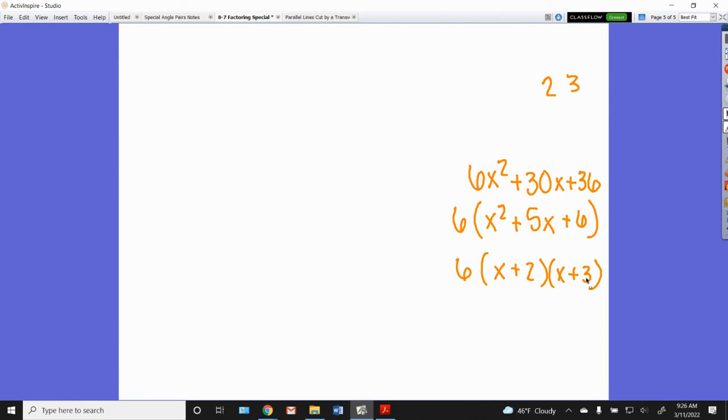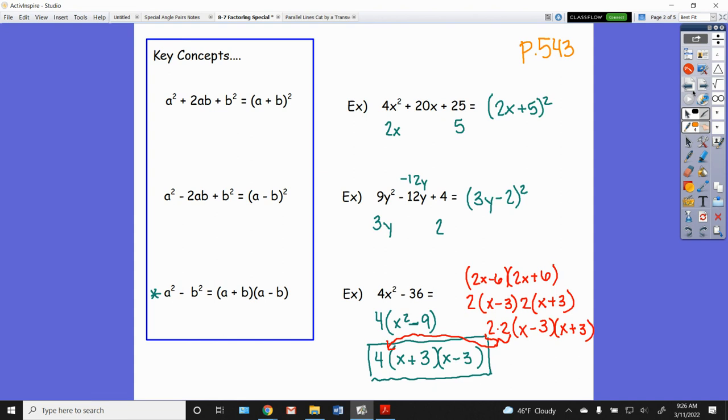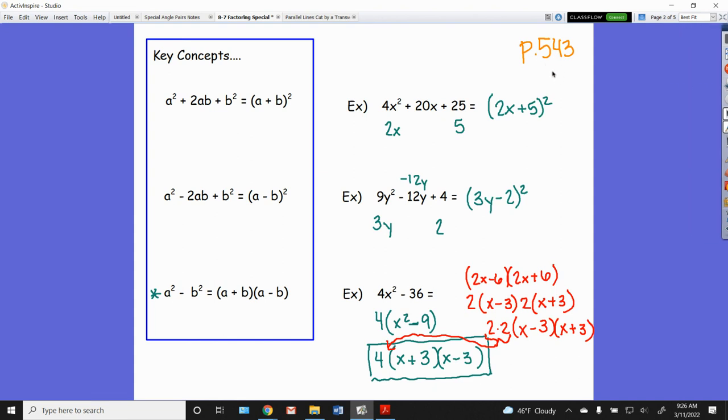All right. So the other ones I'm going to give you are perfect square trinomials. So let me change it back to this page where it has the stuff on it. Page 543. You're going to do 15 through 18.